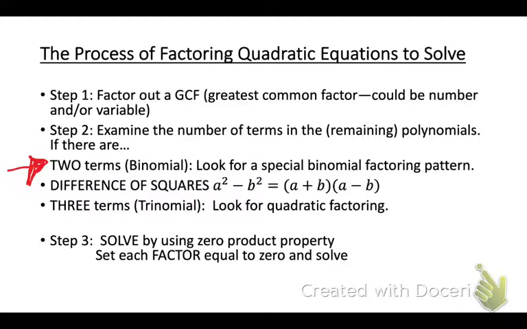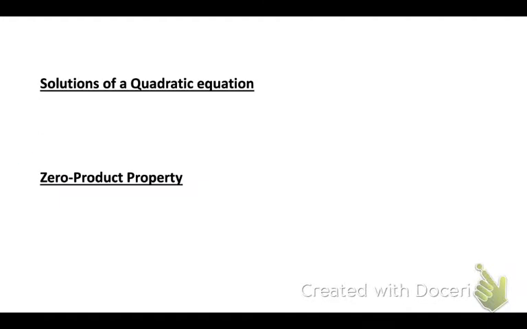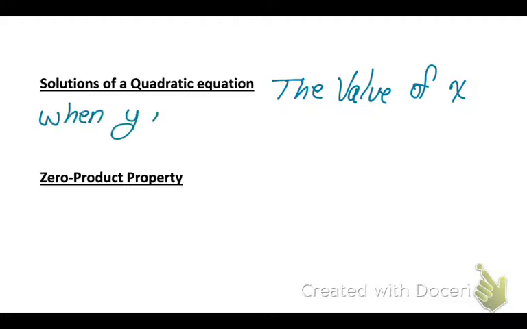So the focus for this video is we're only going to be looking at quadratics that have 2 terms, or binomials. So now remember that the solutions of a quadratic equation are the x-intercepts, where it crosses the x-axis. So that is the value of x when y equals 0, because on an x-intercept, y is always 0.